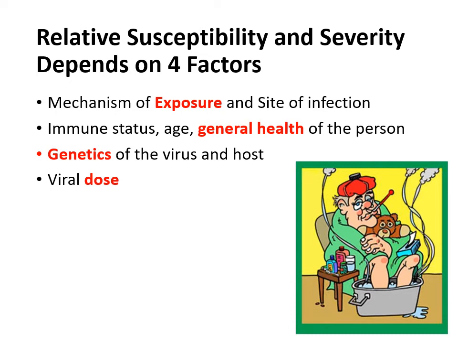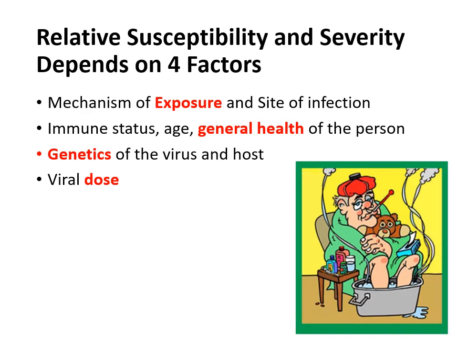Whereas that same infection, if it's just in a healthy, active, fit, mid-age or 20s, 30s type of person who's immunocompetent, that person may barely sniffle or sneeze. So your immunocompetence is very, very important, or if you're immunocompromised.